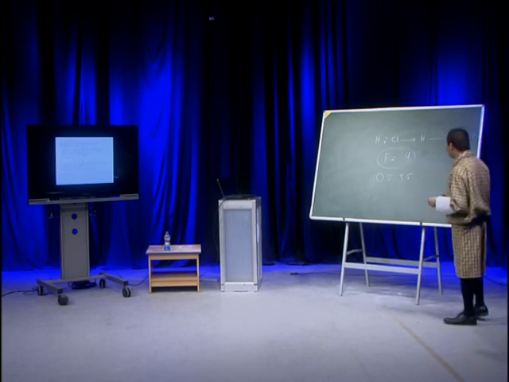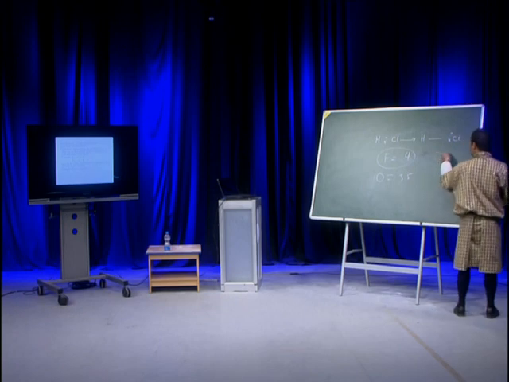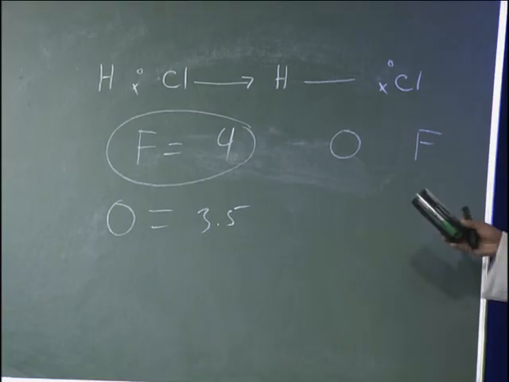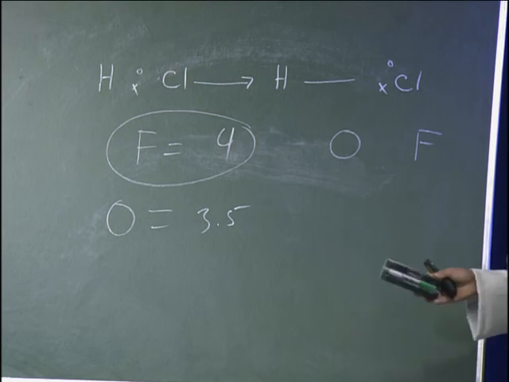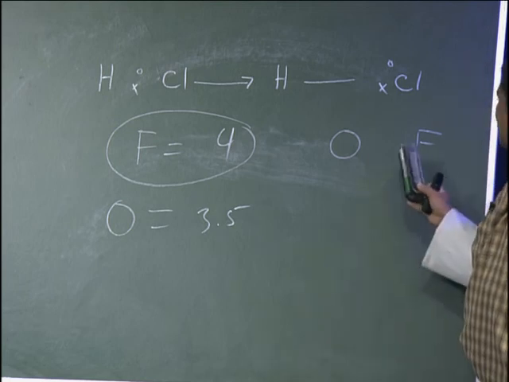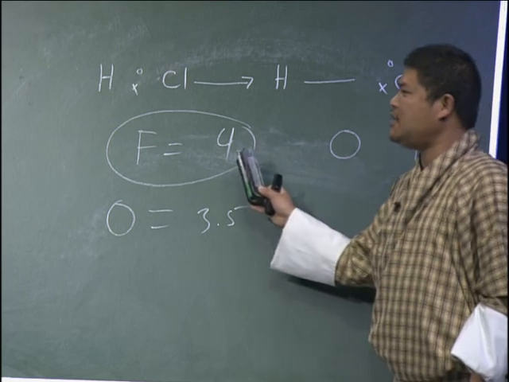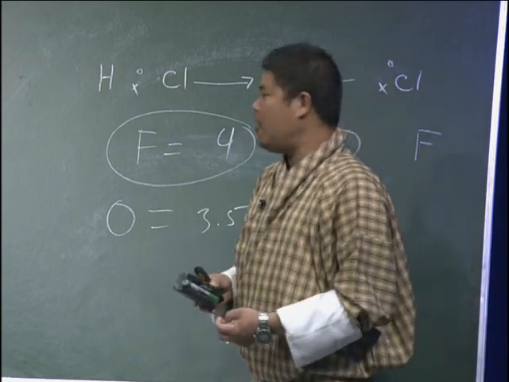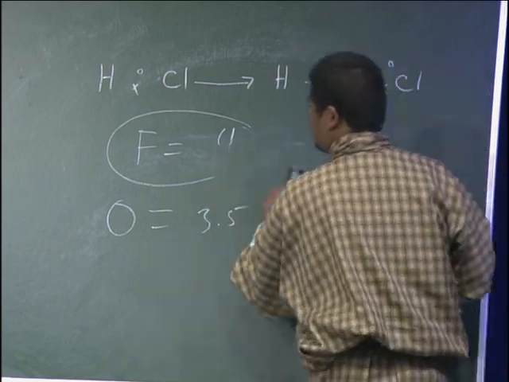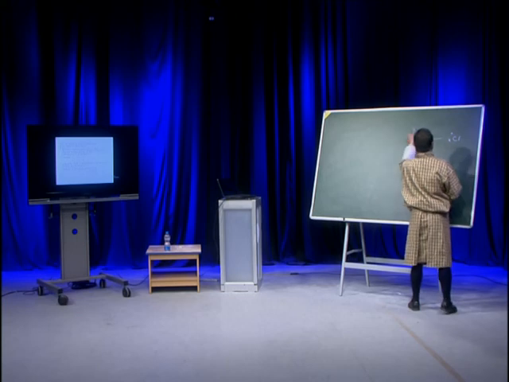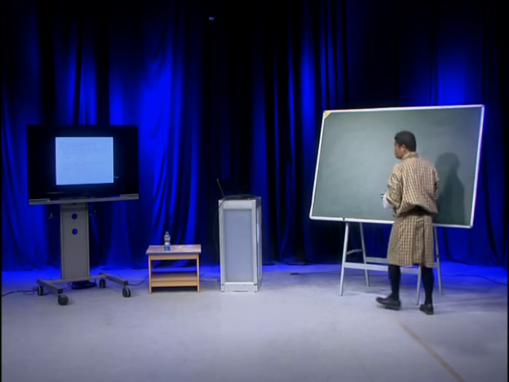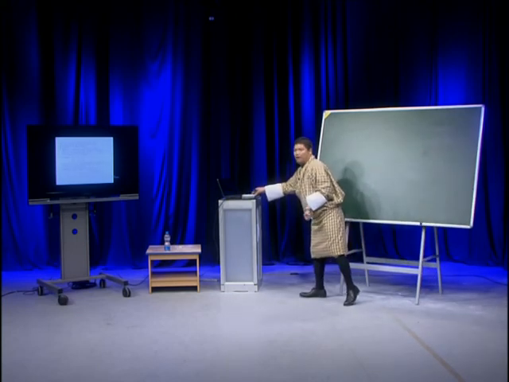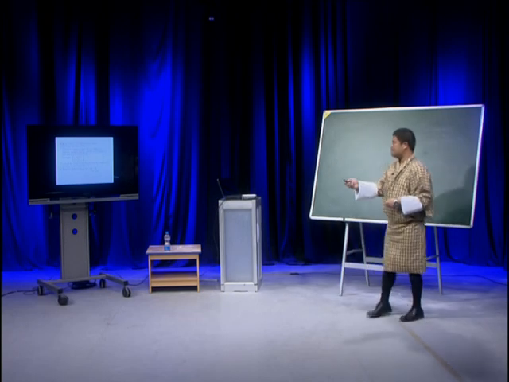Now if you look at the periodic table, fluorine is towards the right side of oxygen. So fluorine is smaller in size, so definitely it will have higher value of electronegativity. So these are the two factors which determine the value of electronegativity.